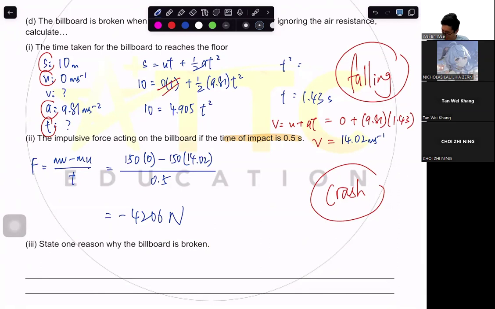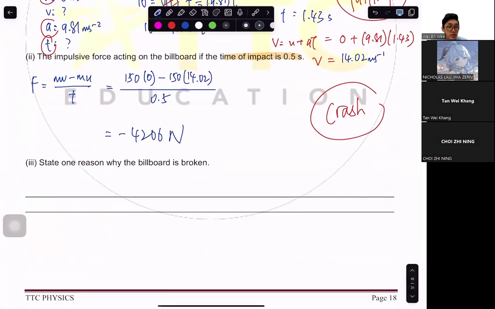All right, so the billboard is broken because the impulsive force is very large. But you must explain why the impulsive force is large. Number one, the impact time is short. When you have a very short impact time, the force is very painful.